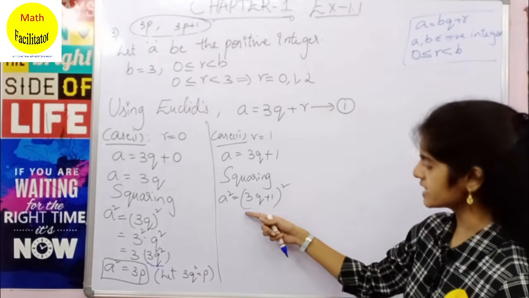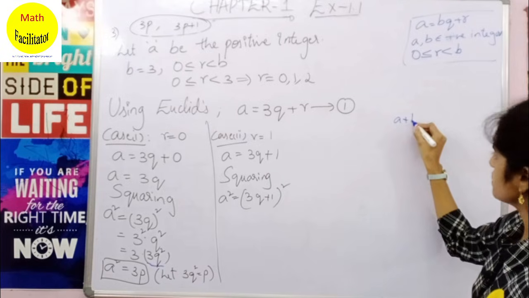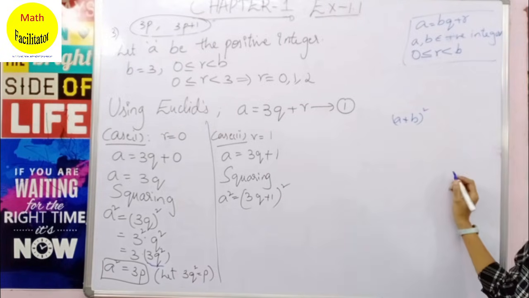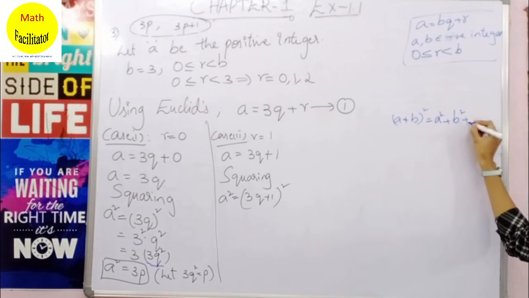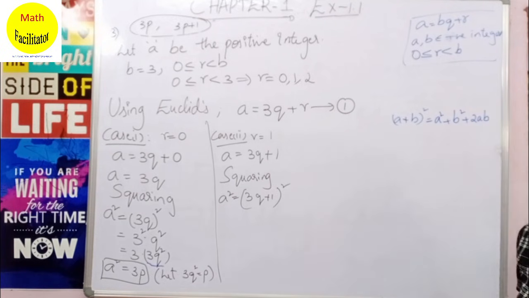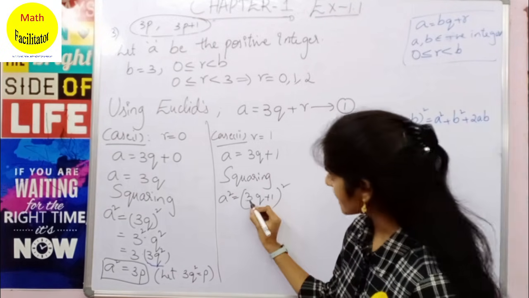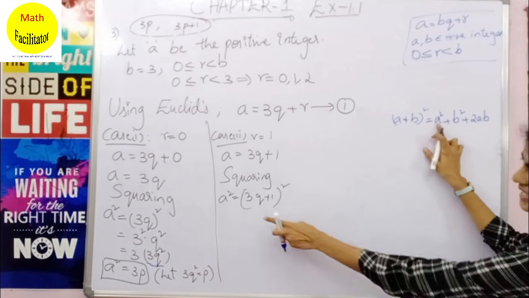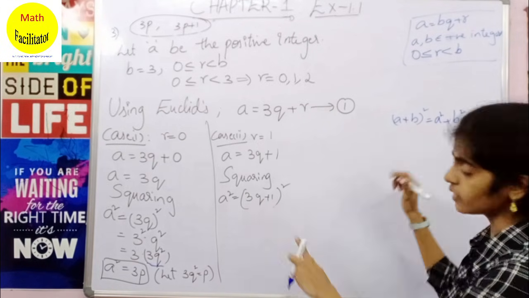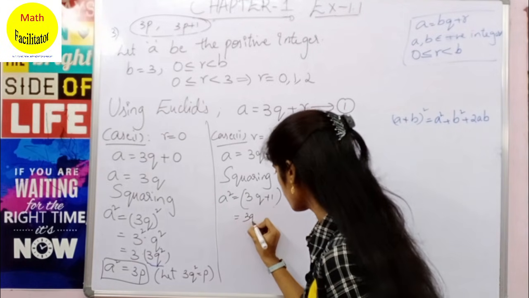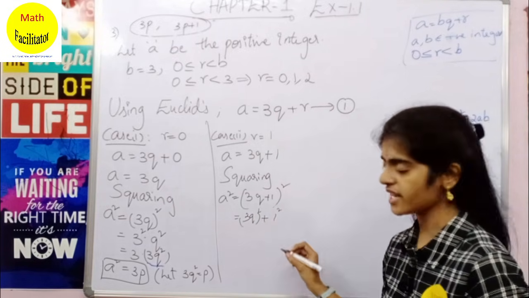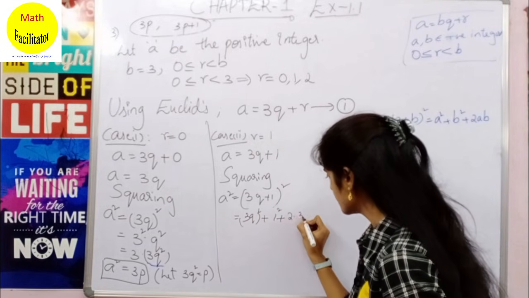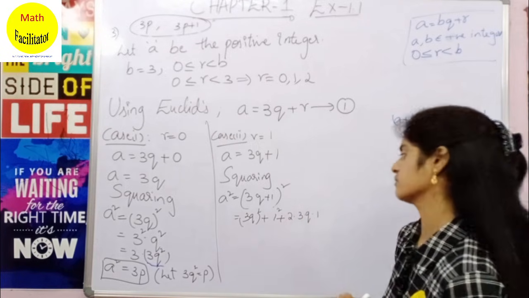Simply you have squared on both sides. Now this is of the form (a plus b) whole square. What is (a plus b) whole square? It is a square plus b square plus 2ab. So the same thing let us write here. a is 3q and b is 1. So it is (3q) whole square, plus b square is 1 square, plus 2 into ab.